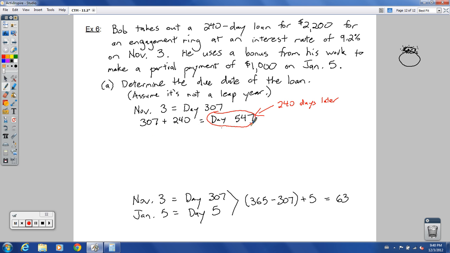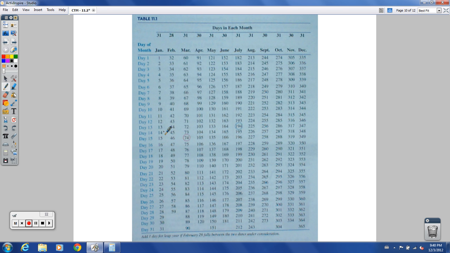We can think of getting rid of mod 365 or doing that mod 365. What's my remainder if I get rid of as many multiples of 365 as possible? So minus 365 would give me day 182. That's what's left over. Day 182, go to your table now and find what's day 182.